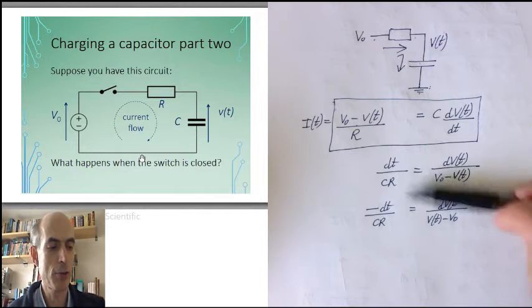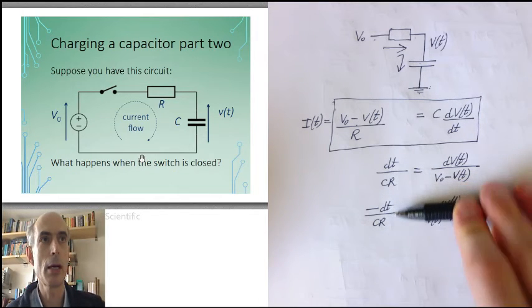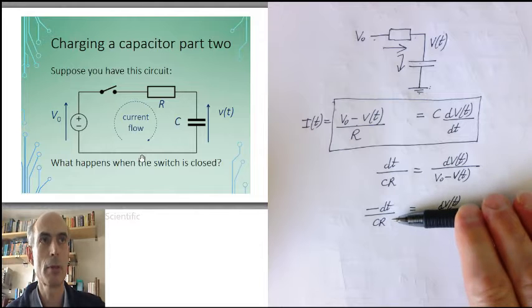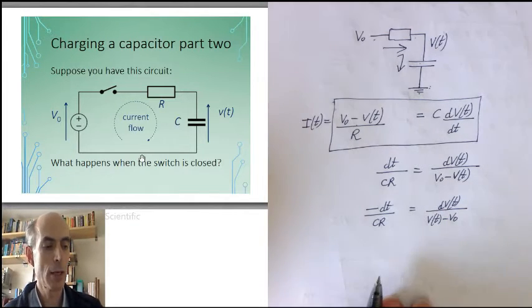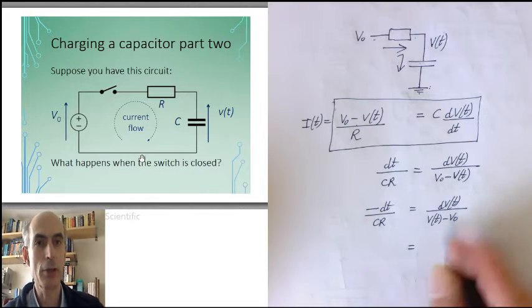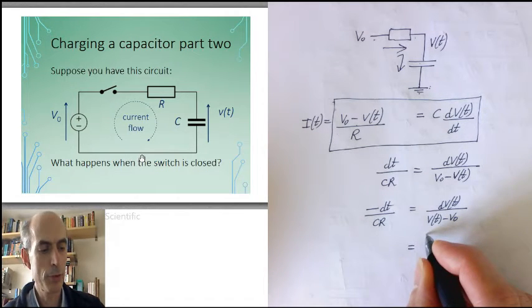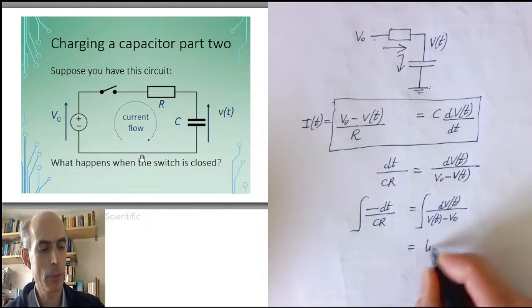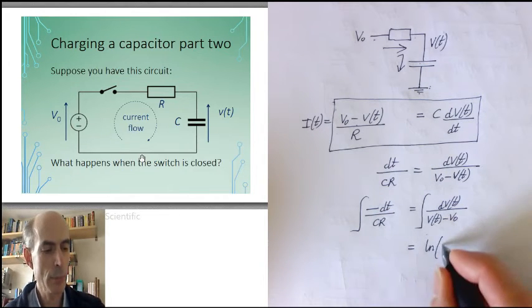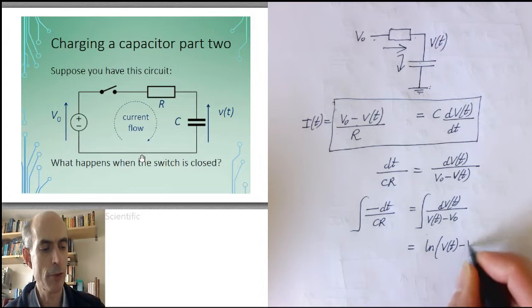If I differentiated that with respect to time, I would just get that, dV/dt. Therefore, I can integrate this and just get a logarithm again. This time, it would give me the logarithm of whatever's on the bottom, V of t minus V0.